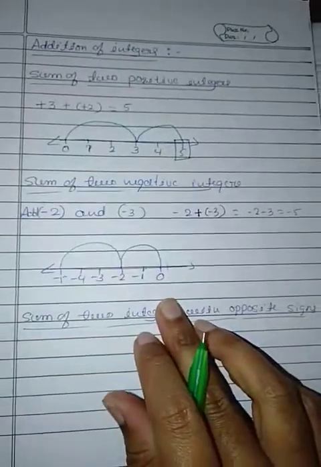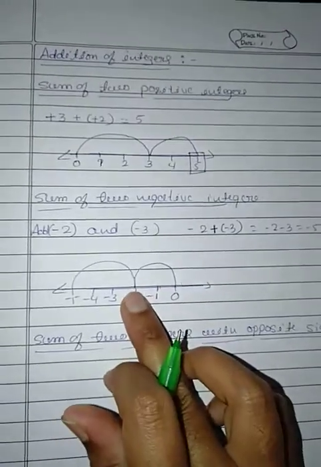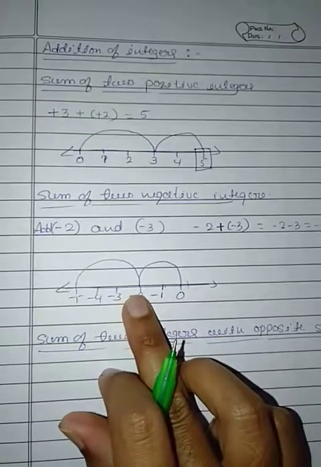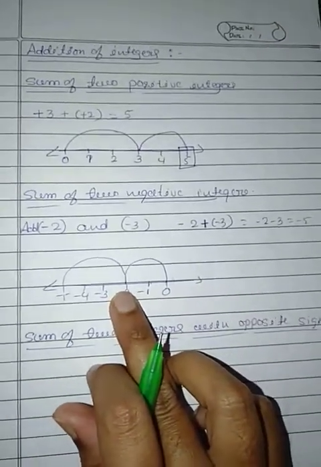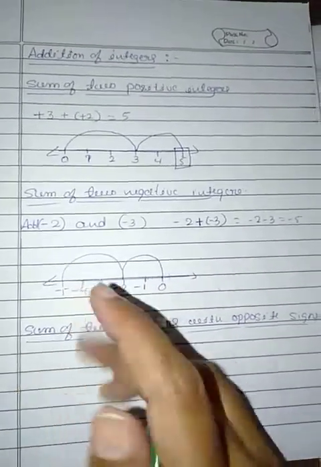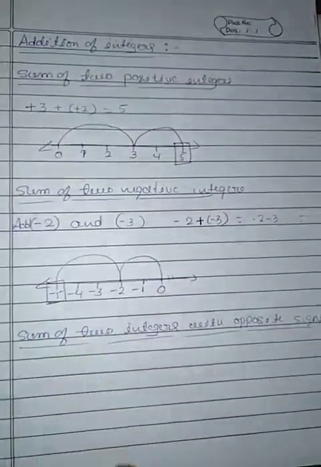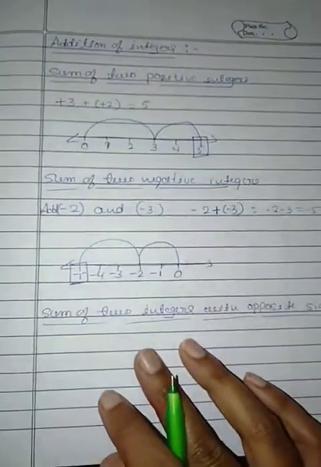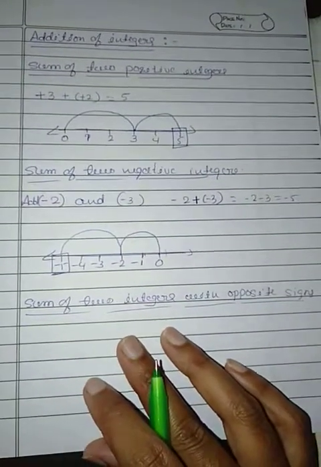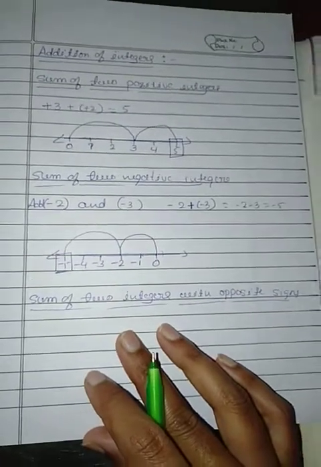So first start from 0 and move 2 places to the left for minus 2 and then move 3 places to the left for minus 3. Now you reach minus 5. So here the sum of two negative integers is the sum of their absolute values with a negative sign.